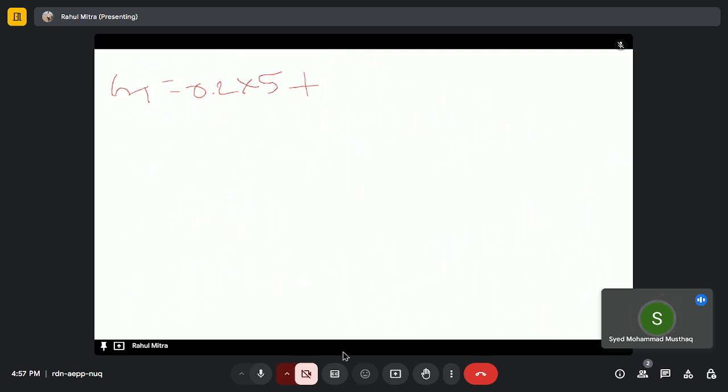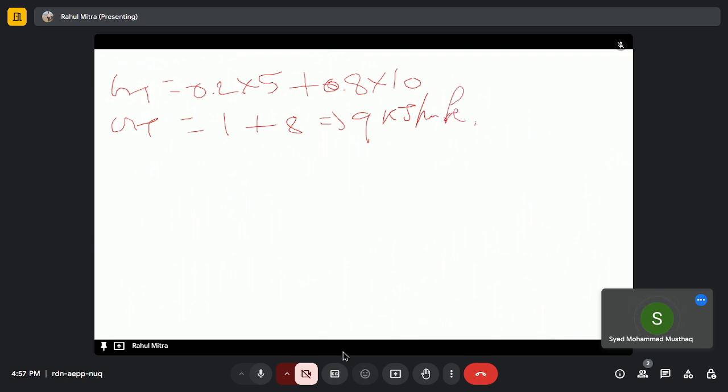And XB equals 4 by 5. Let's write it like this: it's 0.8 times 10. What is our GT? GT will be 0.2 times 5, which is 1, and 0.8 times 10, which is 8. This is 9 kilojoules per mole.